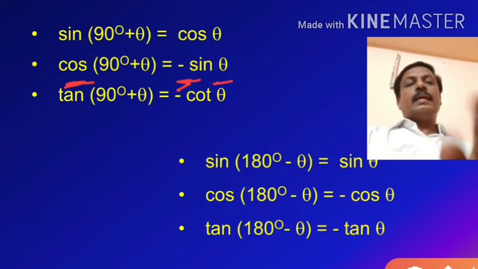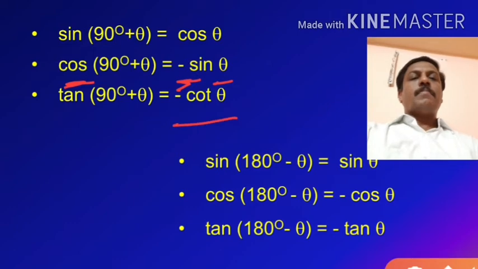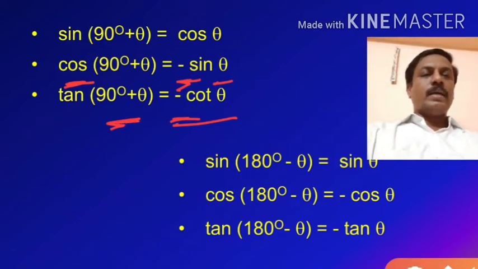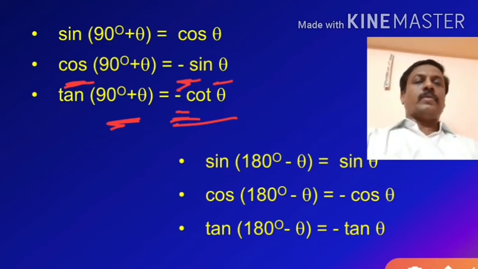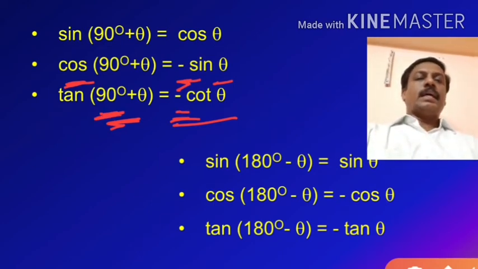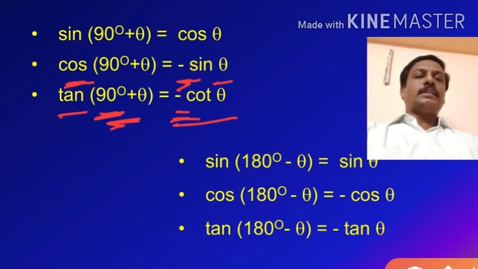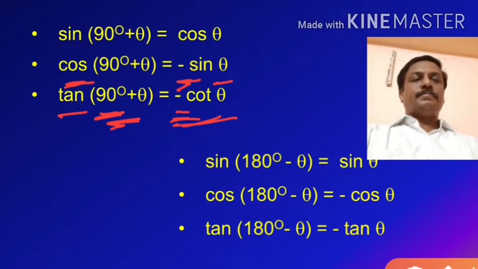Similarly, tan 90 plus theta is equal to minus cot theta. Why minus here? Because 90 plus theta is in the second quadrant. In the second quadrant, only sine and cosec are positive. Therefore, this tan is negative. And since the angle is 90 here, this tan changes to cot. Therefore, tan of 90 plus theta is equal to minus cot theta.